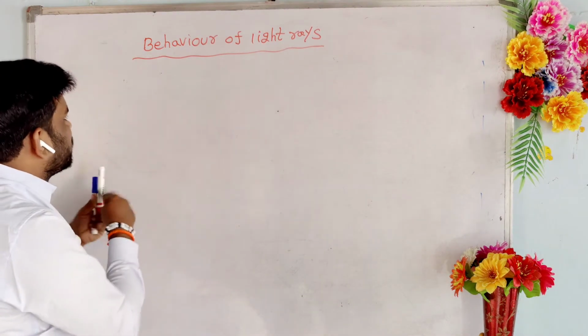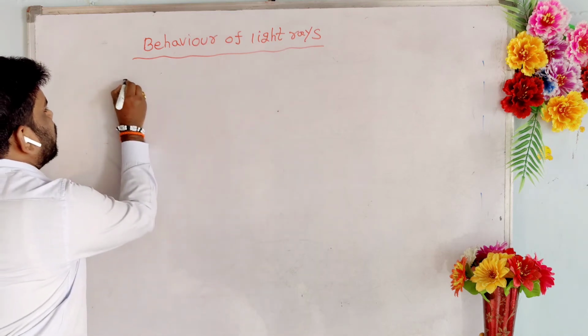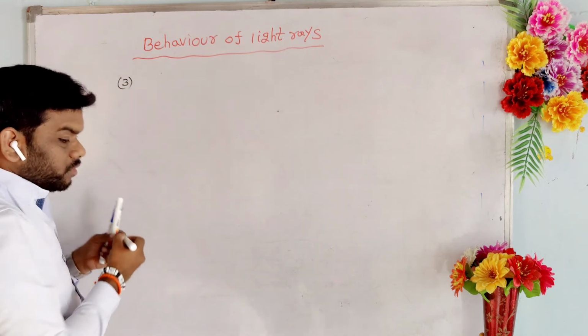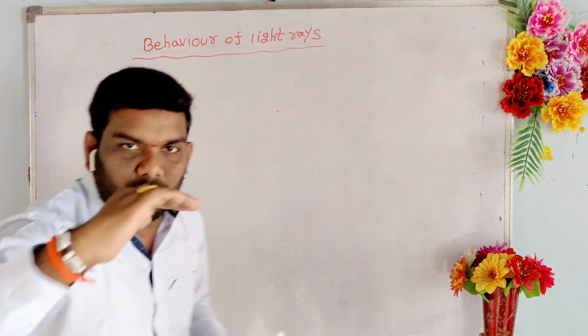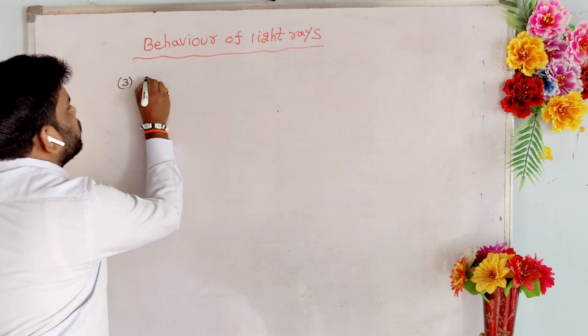So what is situation 3? The third situation means a light ray traveling parallel to the principal axis. Let us see, we draw in general, right? What do we draw? Let us design it below a principal axis.